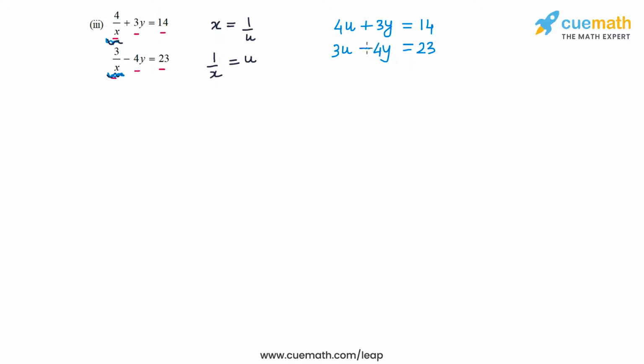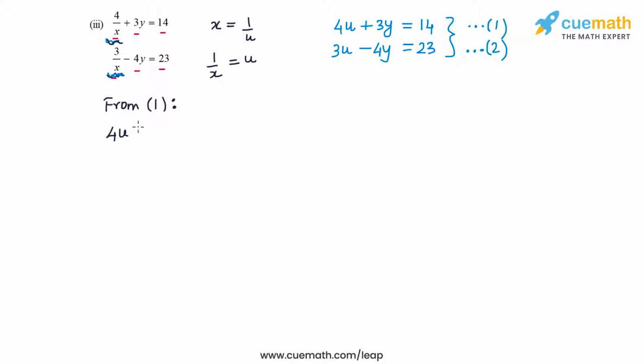So these are the two equations, and these are a pair of linear equations in u and y. So let's solve this pair of equations using substitution. So this is the first equation and this is the second equation. So from the first equation, let's write u in terms of y.